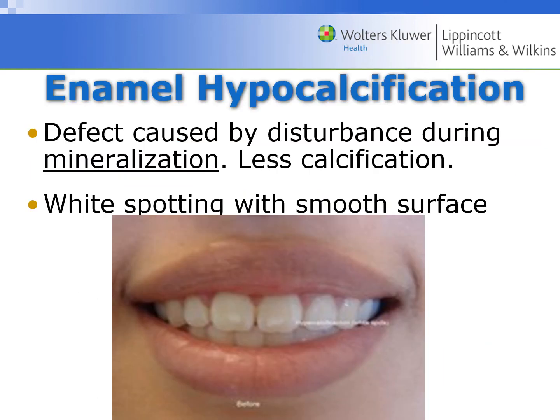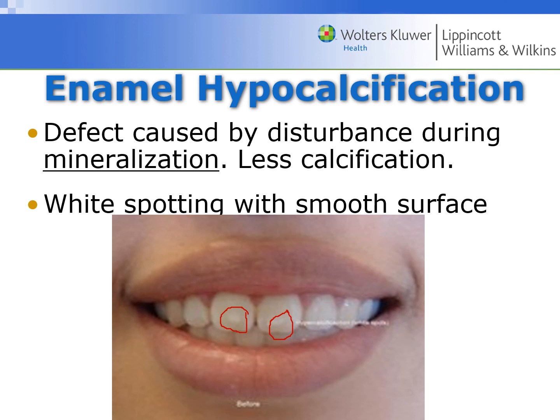So this would be enamel hypocalcification, a defect. You could call it an enamel dysplasia because it's abnormal formation. And you can see here these white spots, and over here, this little white line right there is not supposed to be there. It is not significant of anything.